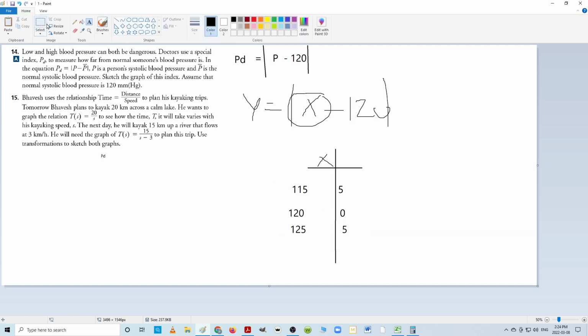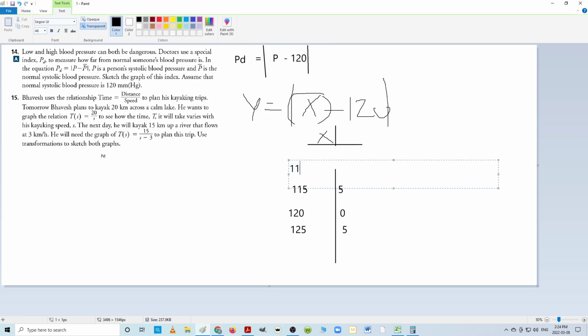So I'm going to notice this pattern that even though this one's 5 below 120 and this one's 5 above 120, the result, because it gets absolute valued, is 5. And you could pretty much construct an endless chart knowing that, like this. So, for instance, I know this is going to be 10 apart, and so it's going to be that. And I can even do, down below, I can do 130.